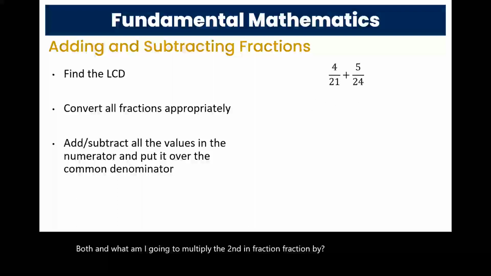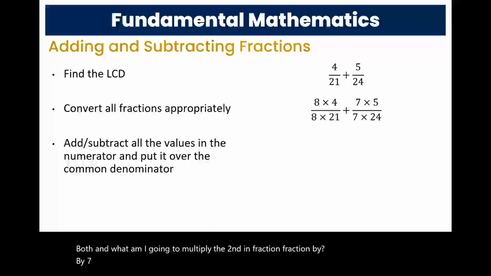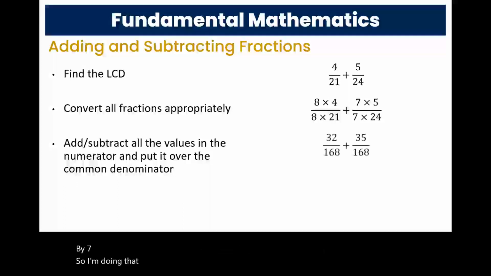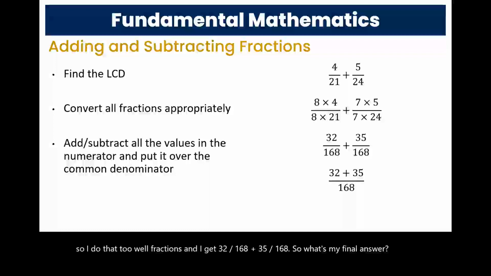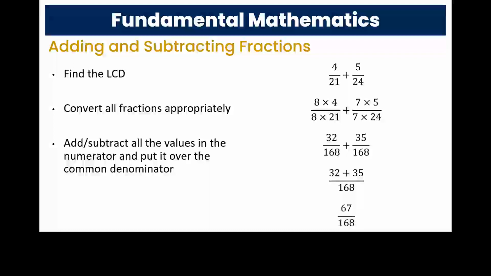By 7. So I do that to both fractions, and I get 32 over 168 plus 35 over 168. So what's my final answer? 67 over 168. And can I simplify that at all?